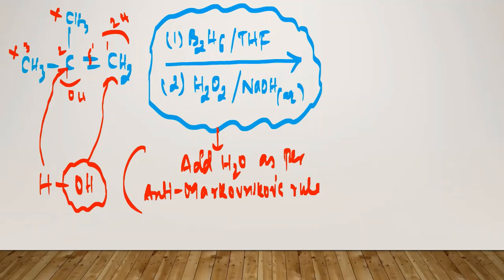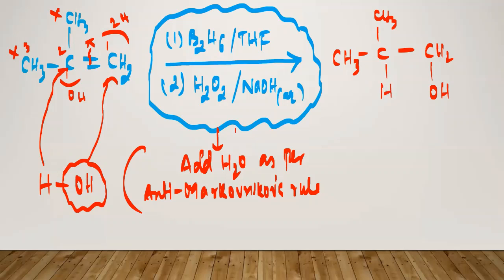And break the pi bond. So you are going to break the pi bond. And my dear friends, overall we are doing addition of water, but as per anti-Markovnikov's rule. So finally, CH3, and here we will have CH2OH, and here we will get H. Yes, my dear friends, so you have understood how we are adding the water in the hydroboration oxidation reaction.